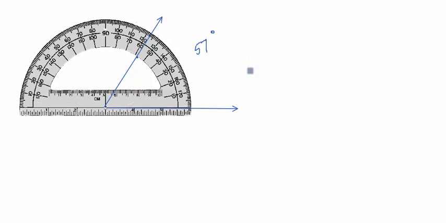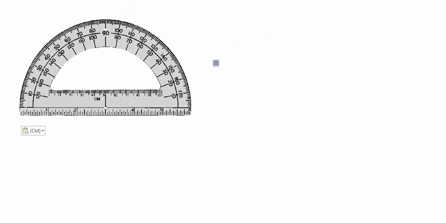What if I was asked to draw a 122 degree angle? Well, I would do the same thing. I would start with drawing a ray, and I would line up the end point of the ray so that it's on my 0 line. Now I'm going to count up from 0 to 122.